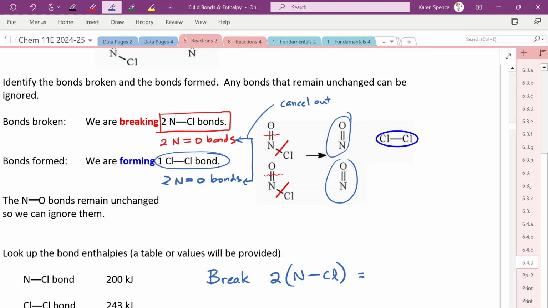Is that going to be a positive or a negative value if we are breaking the bond? Breaking bonds, are we putting in energy or getting out energy? We're putting in energy, so it's going to be positive. So breaking is positive. So that's going to be 2 times 200 kilojoules.